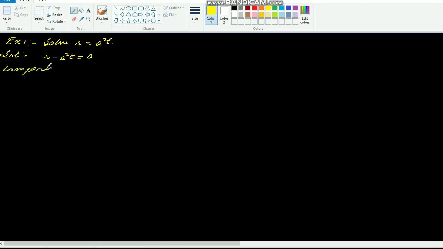Now comparing with the partial differential equation Rr plus Ss plus Tt is equal to V, we get capital R is equal to 1, capital S is equal to 0, capital T is equal to minus a square, and capital V is equal to 0.